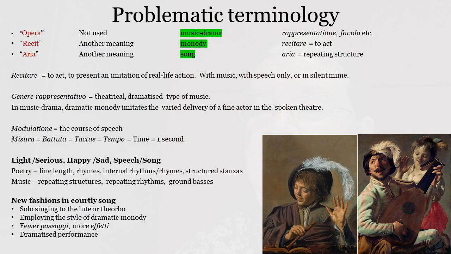And alongside what we would nowadays call the development of opera, the new ideas in music drama, there were new fashions in courtly song. So instead of singing songs with a whole ensemble, there was a fashion for solo singing to the lute or theorbo, the picture bottom right.